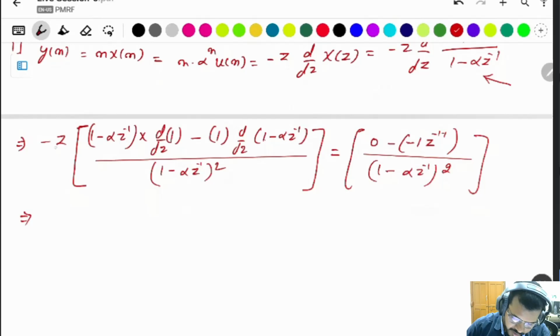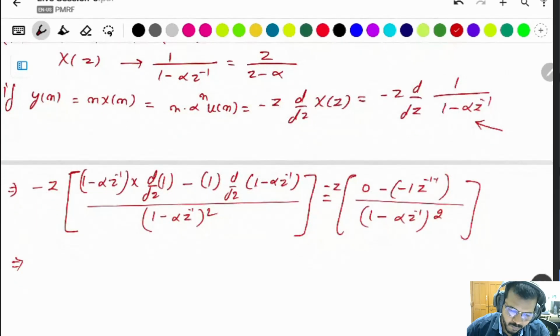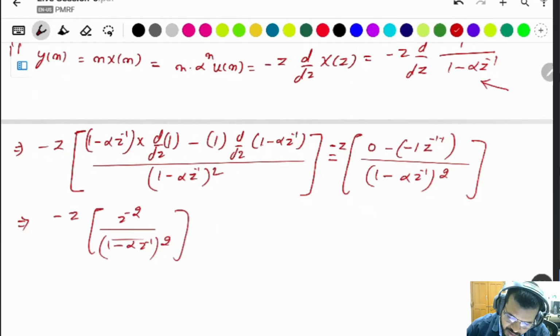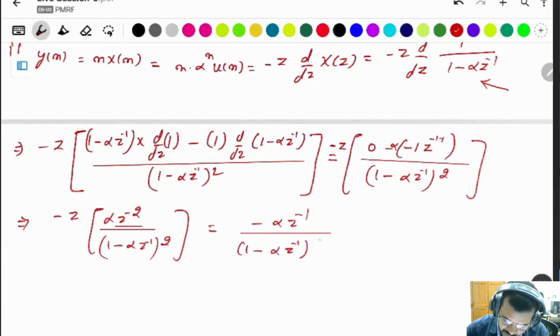This is minus z here, and this will be positive one, then minus z into minus of 2 divided by 1 minus alpha z inverse whole square. Since alpha is there, we have to take alpha common, and this will be minus alpha z inverse divided by 1 minus alpha z inverse square.